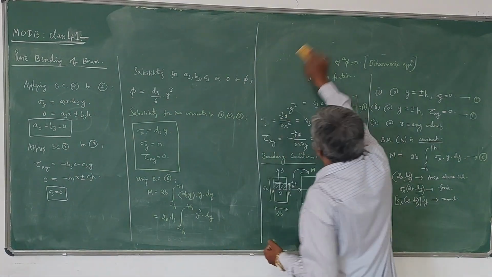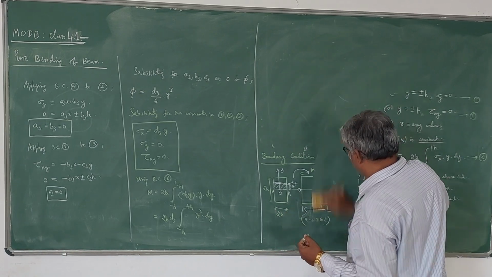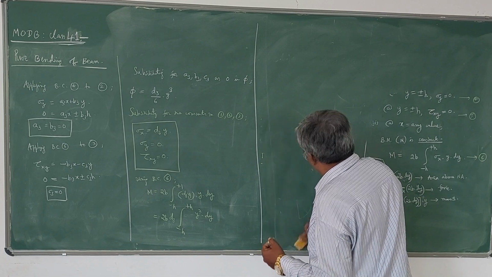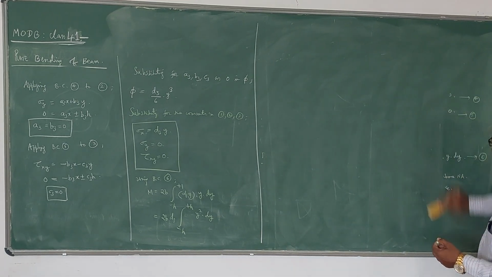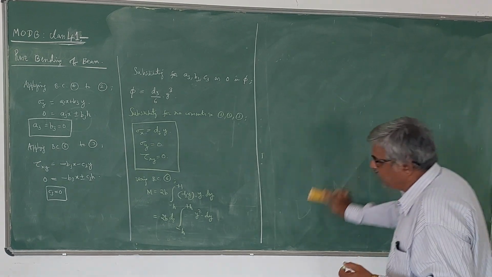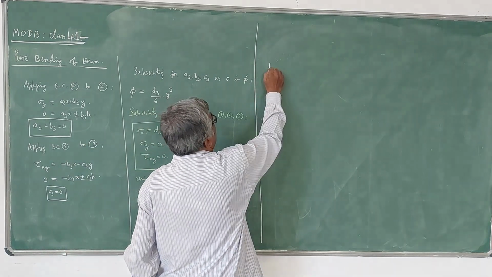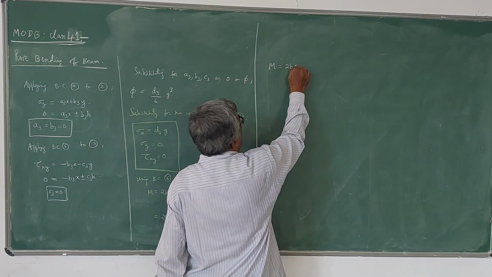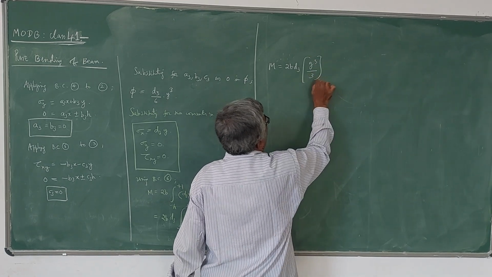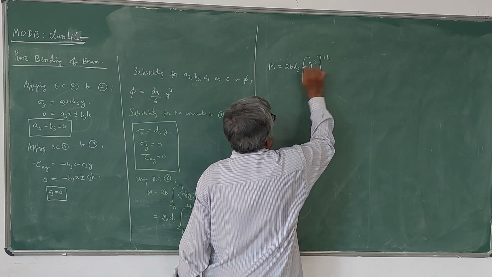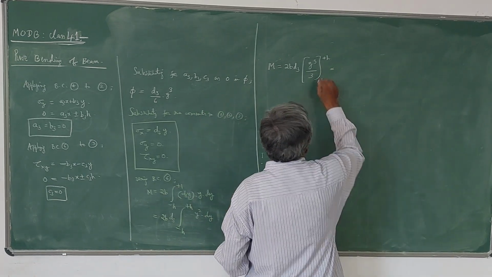So now M is equal to 2b d3 into y cube by 3 between the limits minus h to plus h. For y we have to put minus h and plus h as the lower and upper limits.